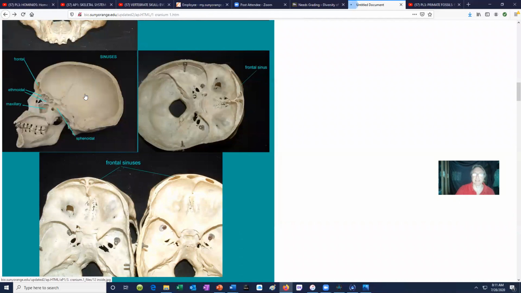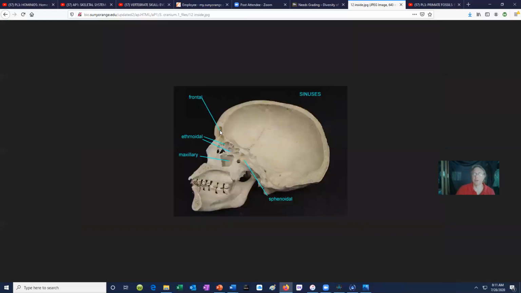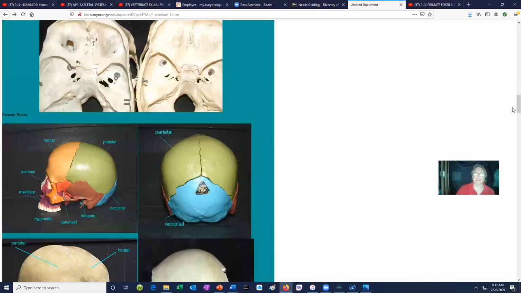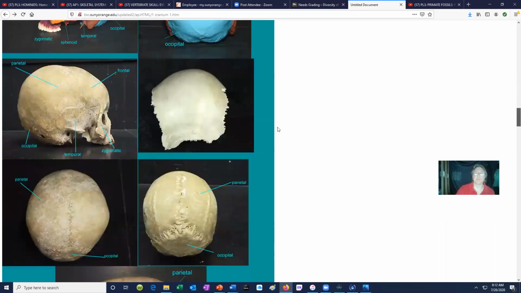And then lastly, from this view as well, notice you can see the frontal sinus there. There are other bones, the ethmoid, the sphenoid, and the maxillary bone of the face, which also then have sinuses. And so that is the frontal bone.